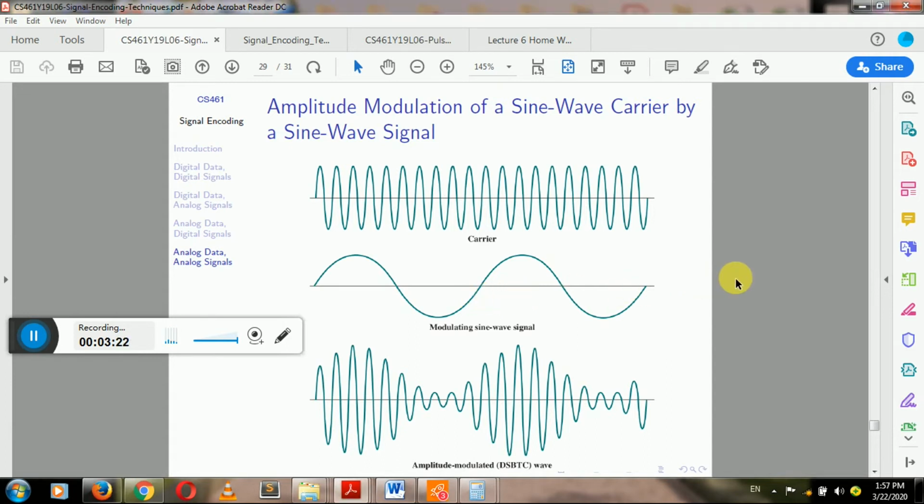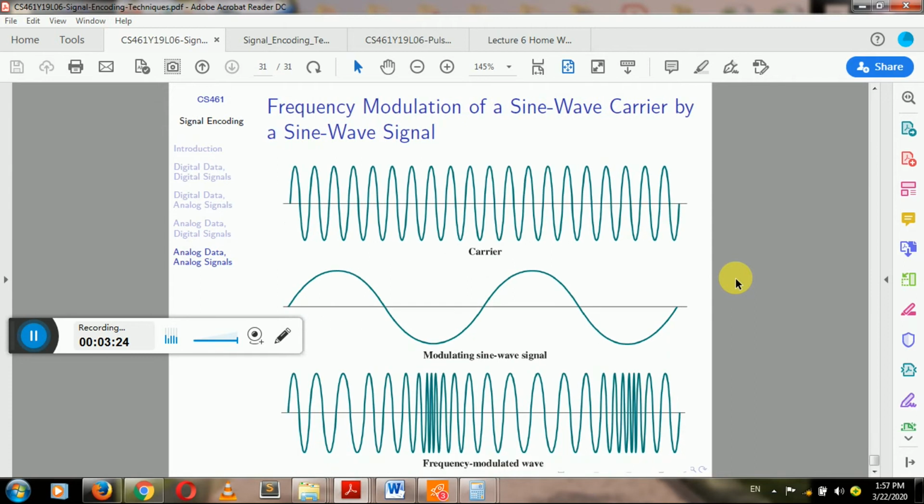So similarly, when we see the frequency modulation, we have our input data, human voice, and we have a carrier frequency, let's say 102.1 megahertz for FM radio. So what they are going to do is the carrier frequency will not be the same.